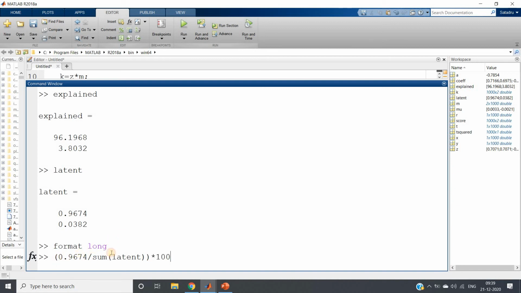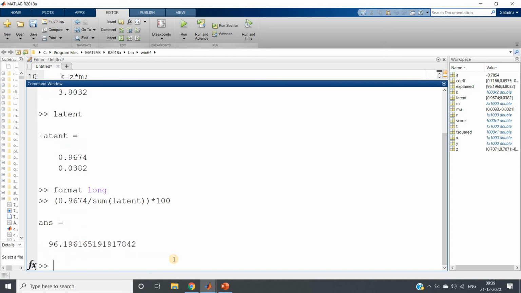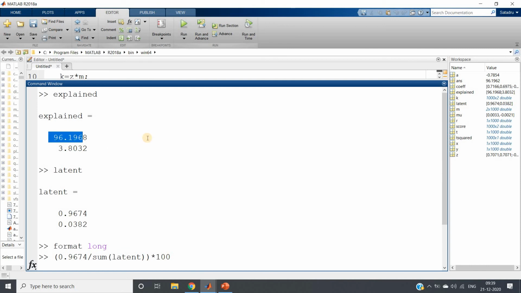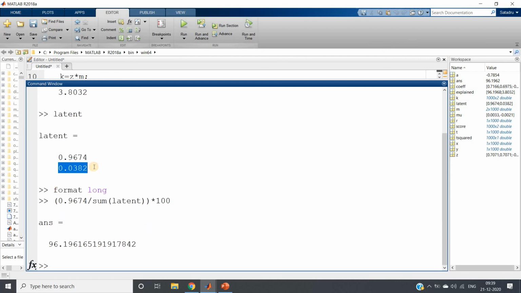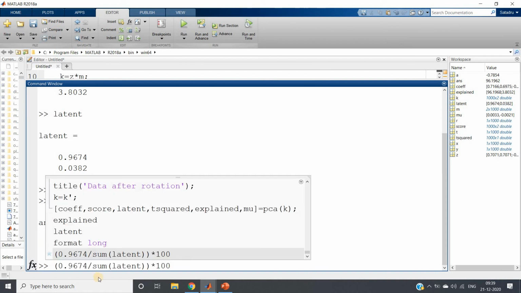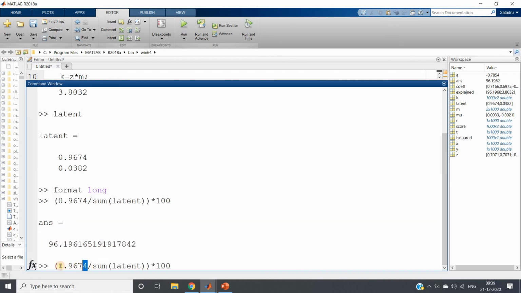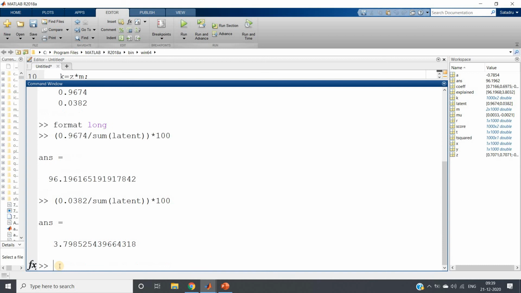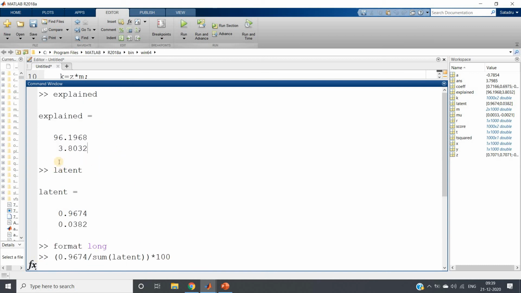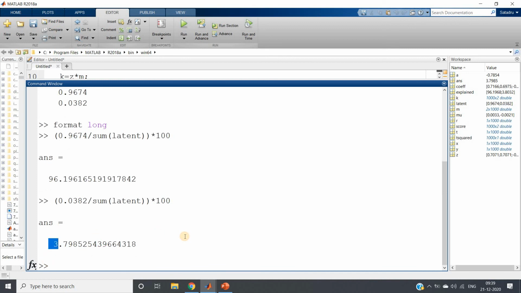This is how we calculate percentage: the number divided by the total, multiplied by 100. If I run it, see, 96.1968. So this is the relation between latent and explained. Let me take the second element, 0.0382, and if I run it, see, 3.7985, almost 3.8. The same value we are getting.